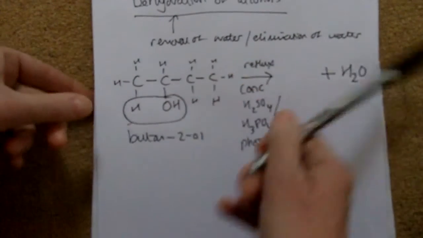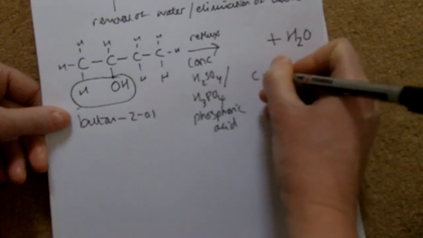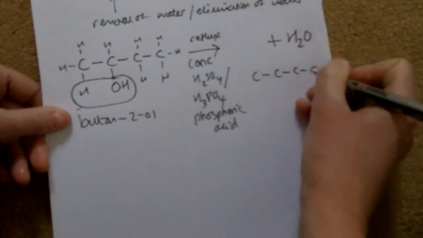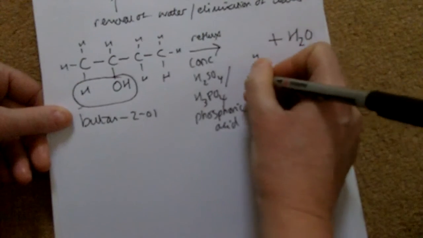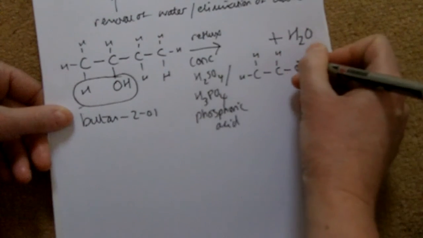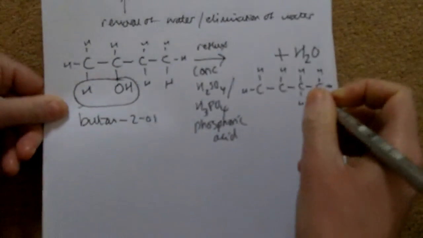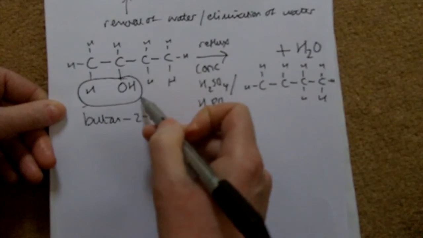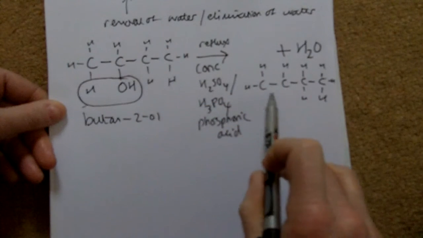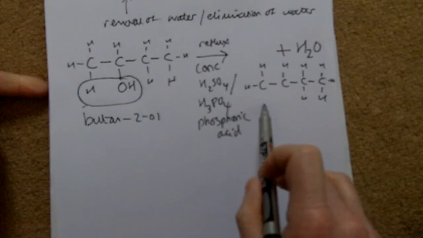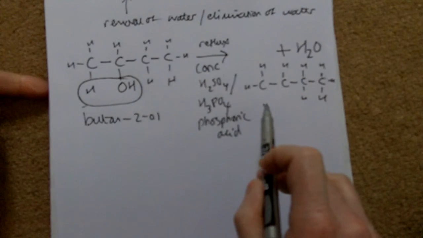Now when it takes away the water, you've got your 4 carbons, with H, H, H, and H, H, H, H, H. But can you see now, carbon does not have enough bonds. Carbon has to have 4 bonds.